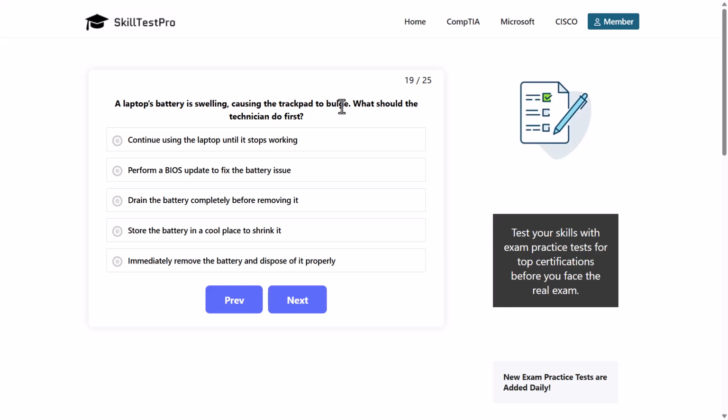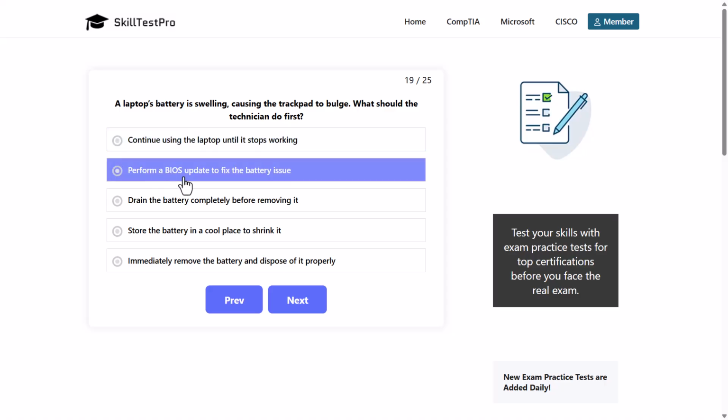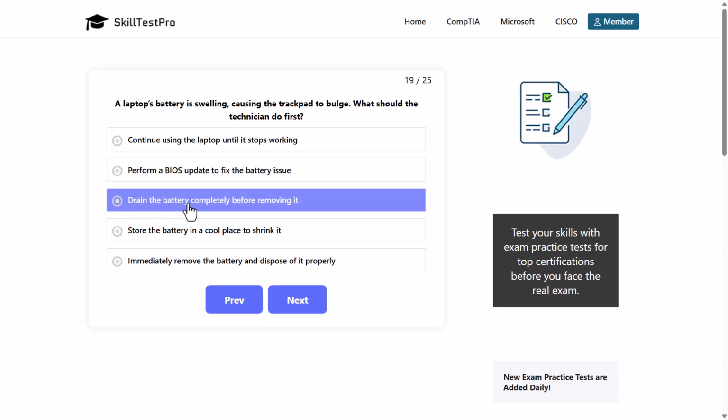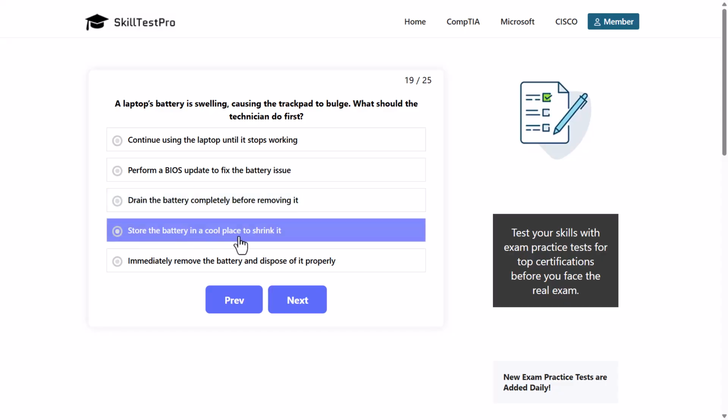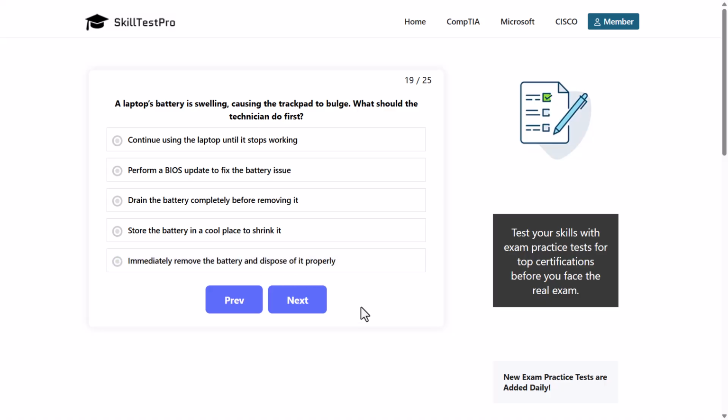What should the technician do first? Continue using the laptop until it stops working, perform a BIOS update to fix the battery issue, drain the battery completely before removing it, store the battery in a cool place to shrink it, or immediately remove the battery and dispose of it properly. What would you do as a technician?